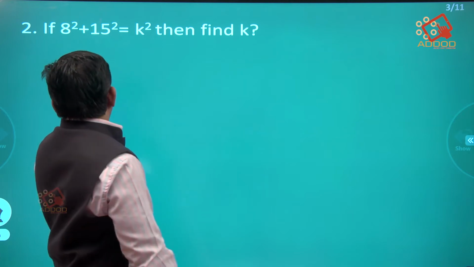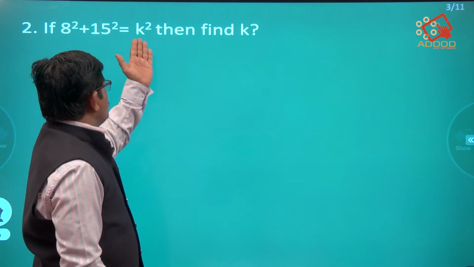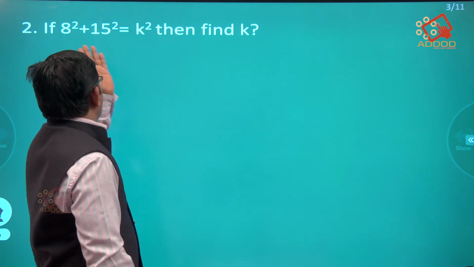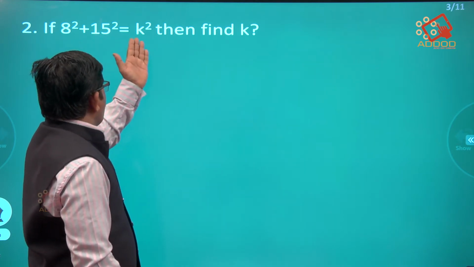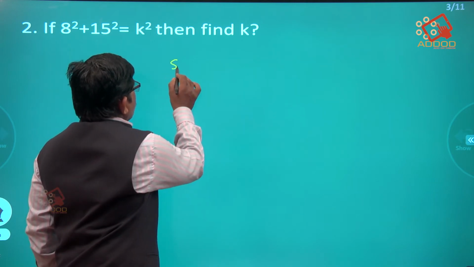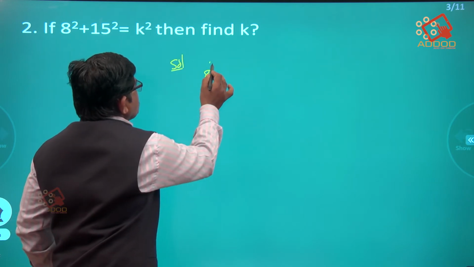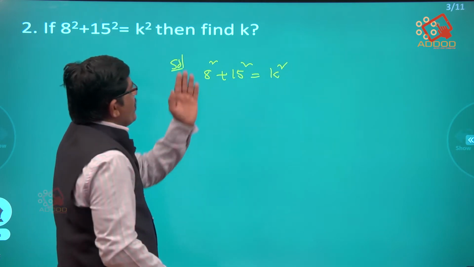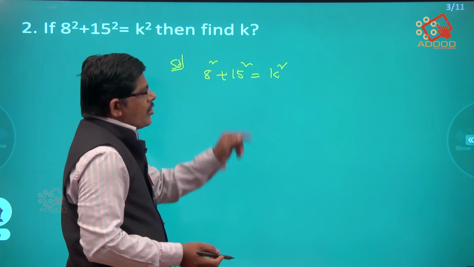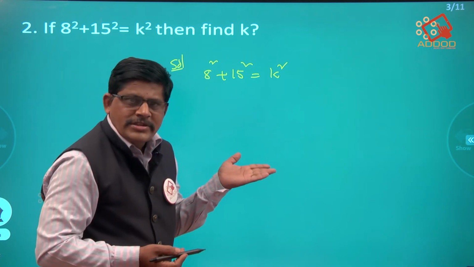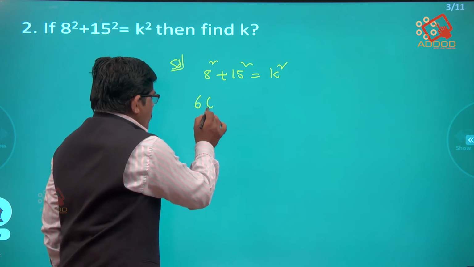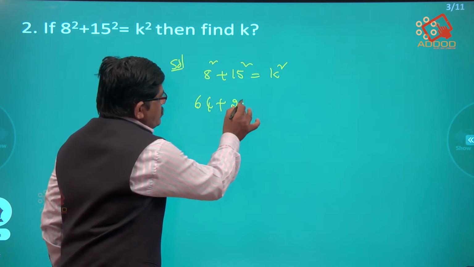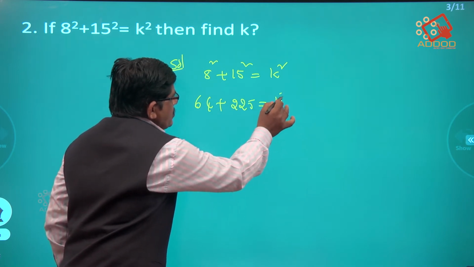Next question: 8 square plus 15 square is equal to k square, then find k. First write the question. 8 square is 64, plus 15 square is 225, is equal to k square.